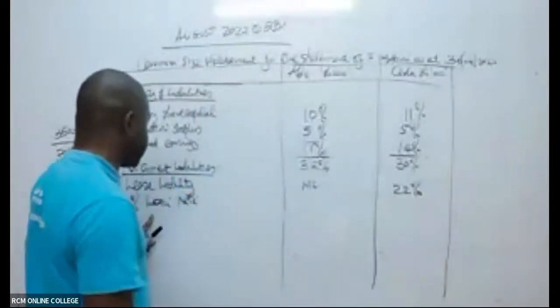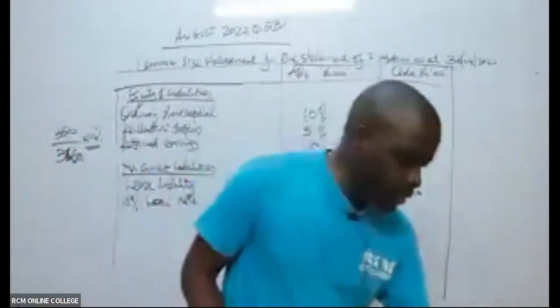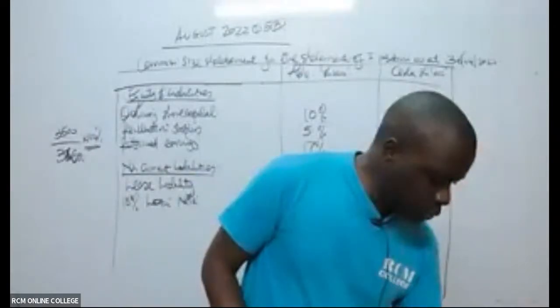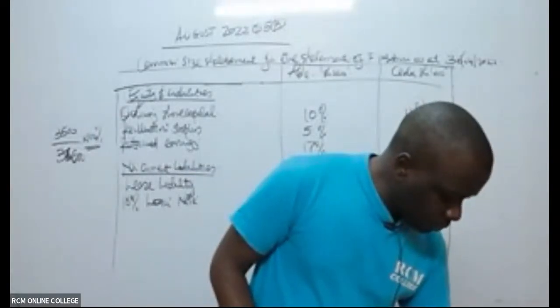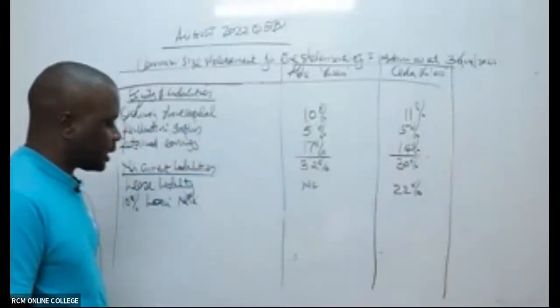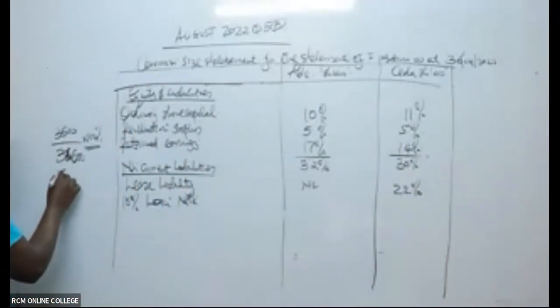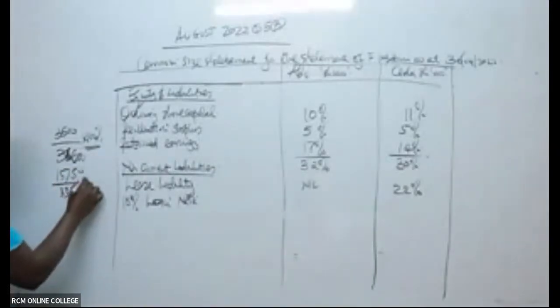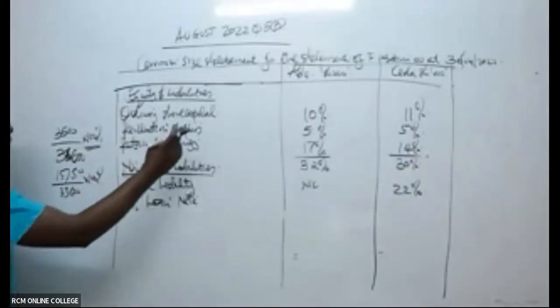What about the 10% loan note? For the 10% loan note, in this case, we have 15,750 divided by 33,600 multiplied by 100%. So that is for Able.